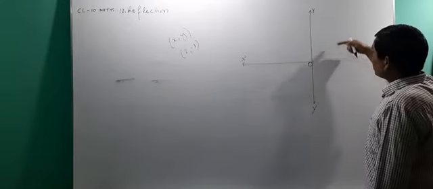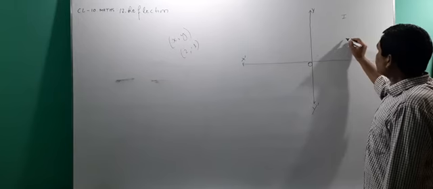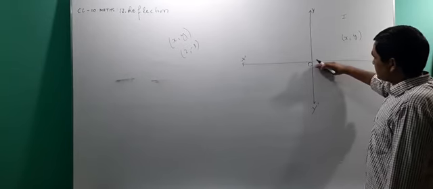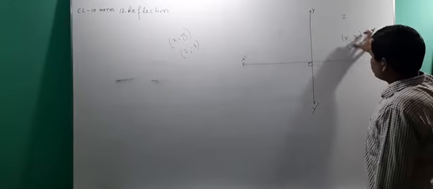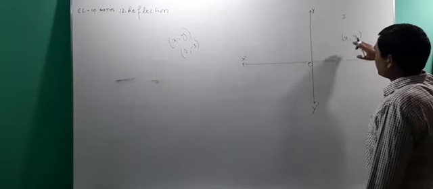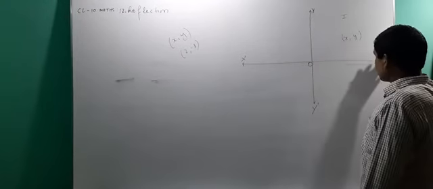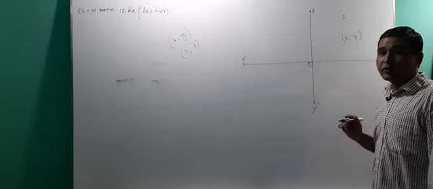The sign of coordinates in the first quadrant is both positive, because this is the positive x-axis and the positive y-axis. That's why the coordinates of this quadrant are positive, x and y both positive.